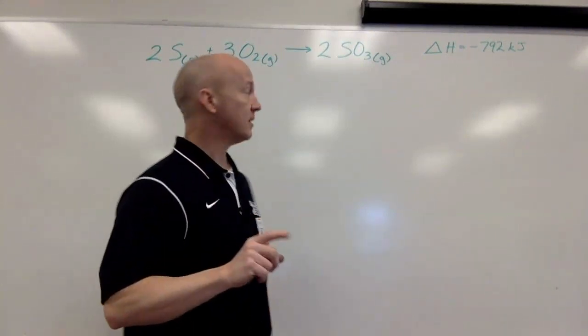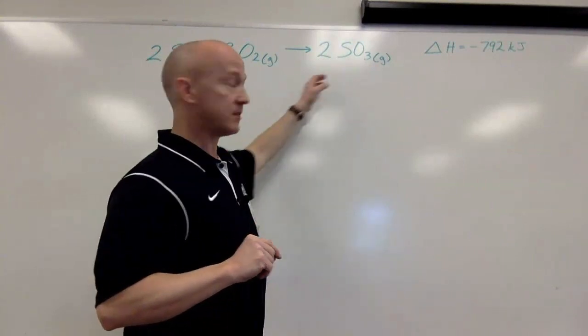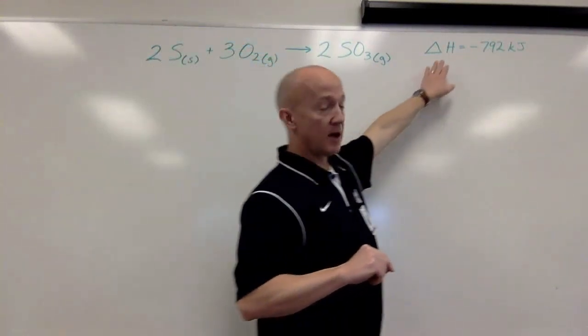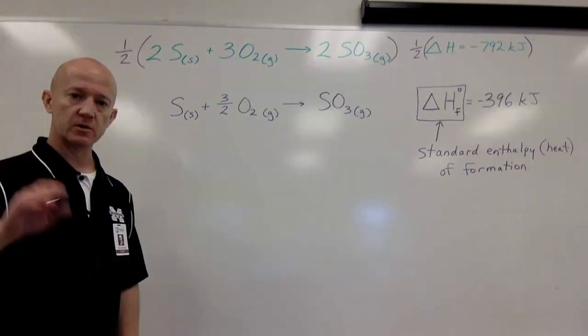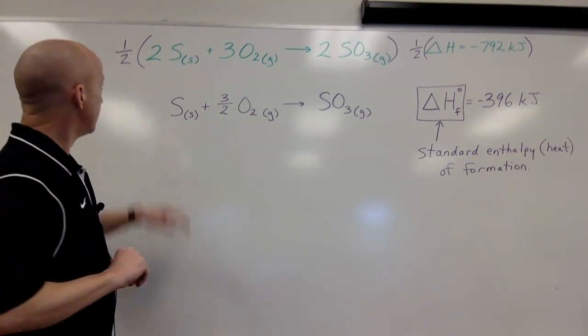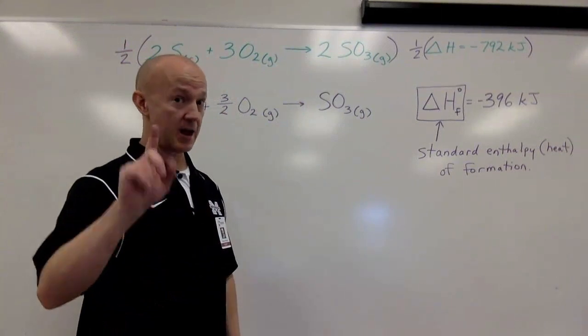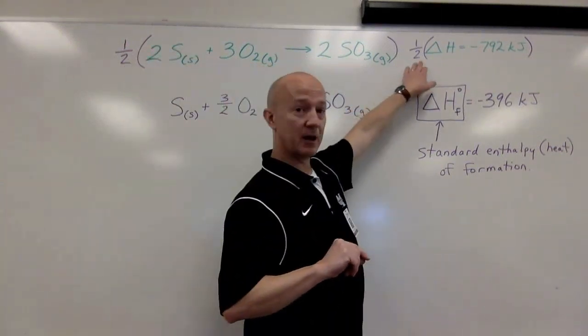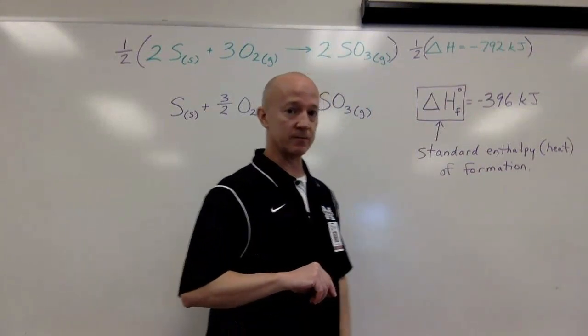So in the case of our sulfur trioxide, we found that this reaction had a delta H of negative 792 kilojoules. So if I just want the energy for 1 mole of sulfur trioxide, I simply multiply this whole equation by 1/2. And I multiply the energy, the enthalpy required, by 1/2 as well.